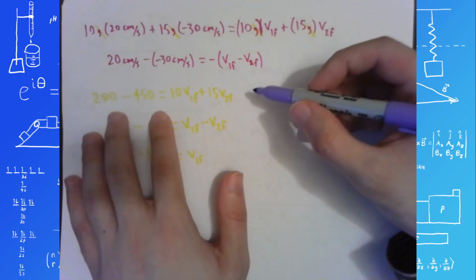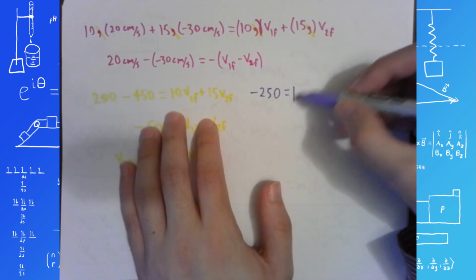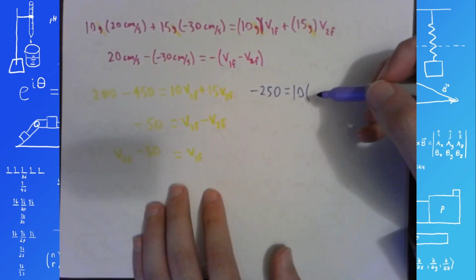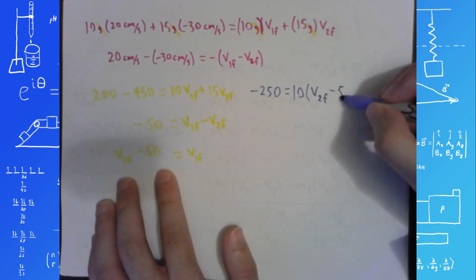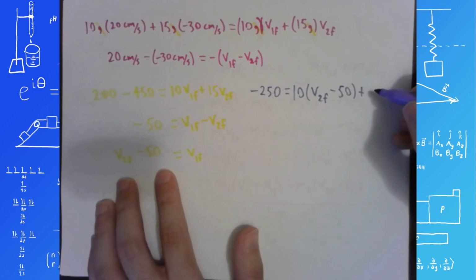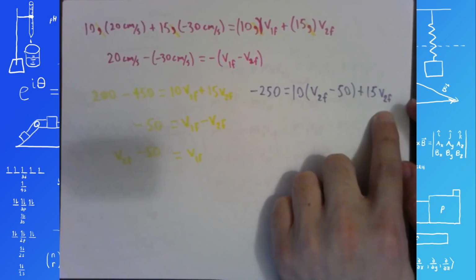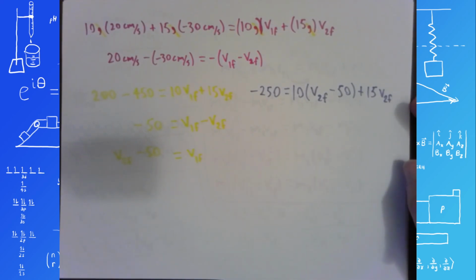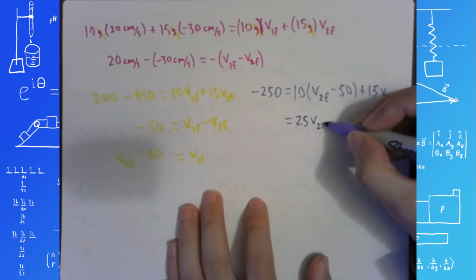Let's see, 200 minus 450 is negative 250, equals 10 times V1 final, which was V2 final minus 50, plus 15 V2 final. Okay, distribute the 10. V2 final plus 15 V2 final is 25 V2 final.